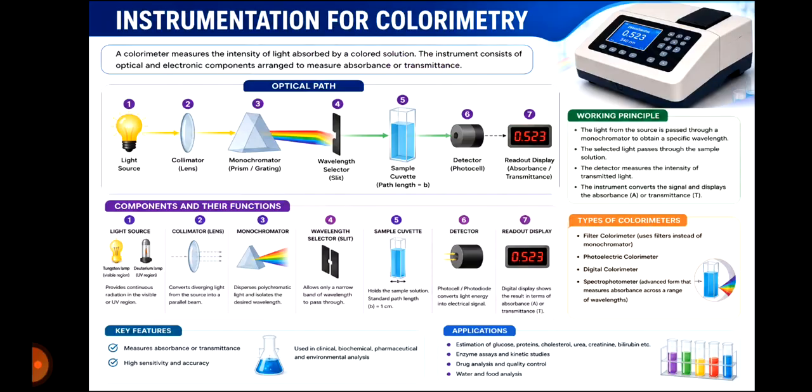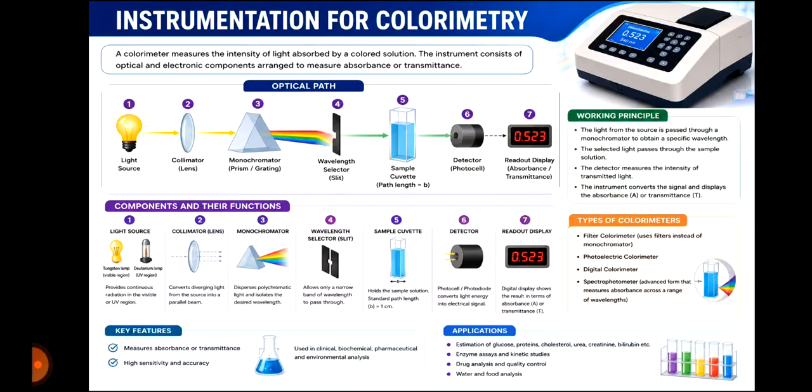Coming to the components, the light source provides light. The colorimeter lens converts the diverging light from the source into a parallel beam. Then the monochromator disperses the polychromatic light and isolates a desired wavelength. The wavelength selector slit allows only a narrow band of wavelengths to pass through. In the cuvette, the sample holder holds the sample.